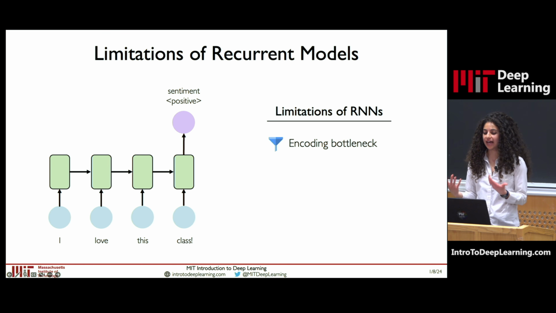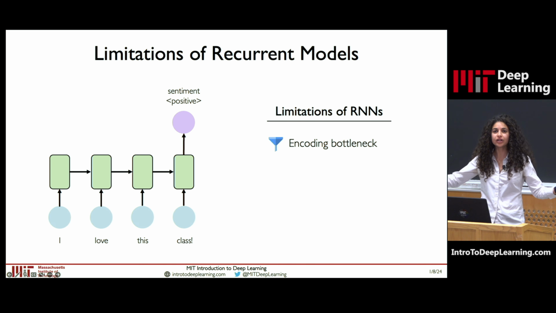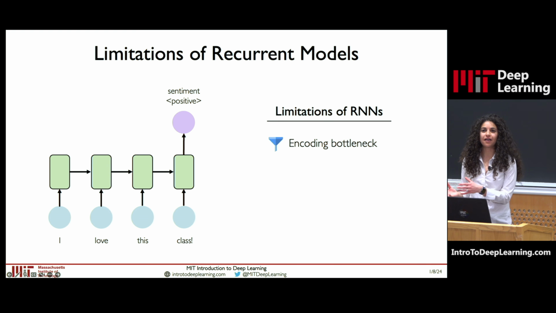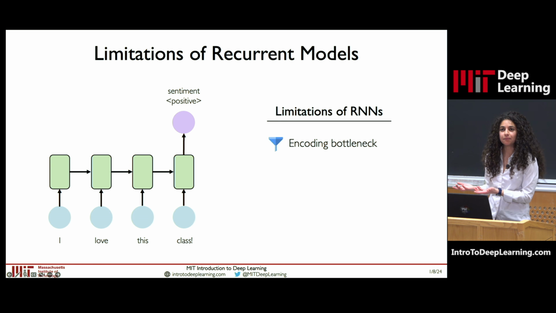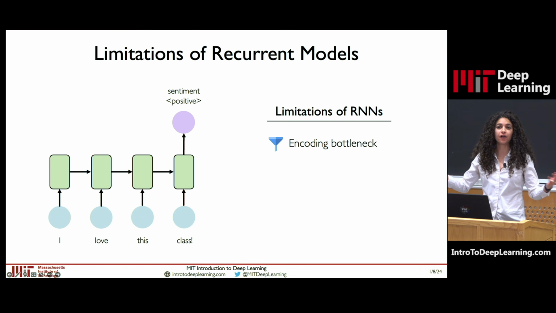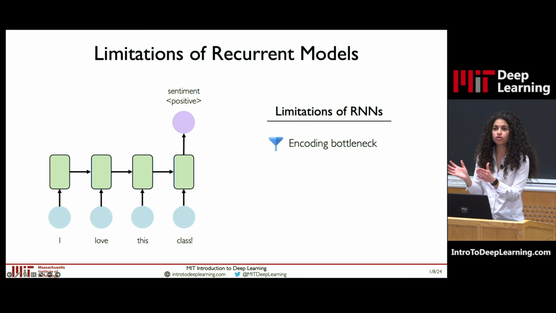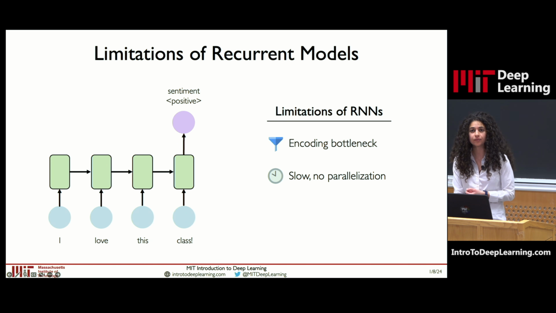The first is that to encode really, really long sequences, the memory capacity is effectively bottlenecking our ability to do that. And what that means is that information in very long sequences can be lost by imposing a bottleneck in the size of that hidden state that the RNN is actually trying to learn.